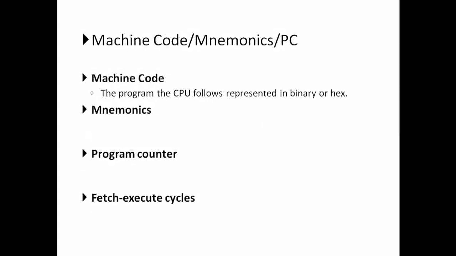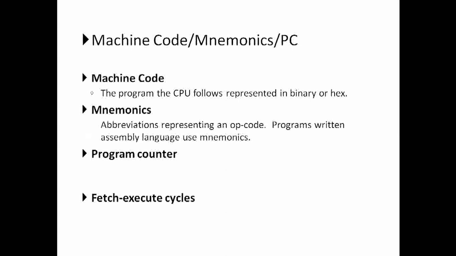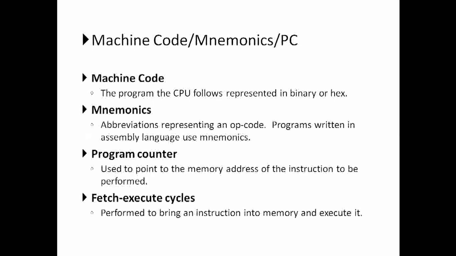Now, machine codes or mnemonics. Machine code is the program that the CPU follows in binary or hex code, and mnemonics are abbreviations representing the opcodes, the operational codes. For example, left is to move the actuator towards the leftward direction.